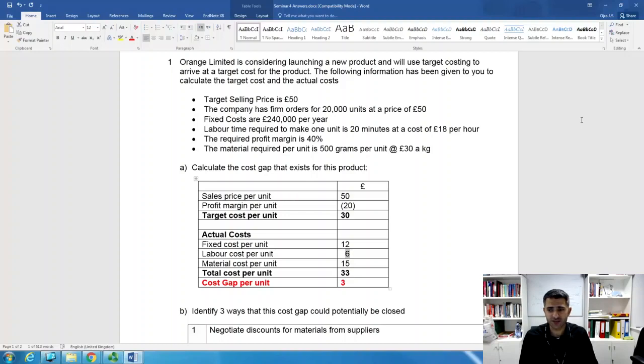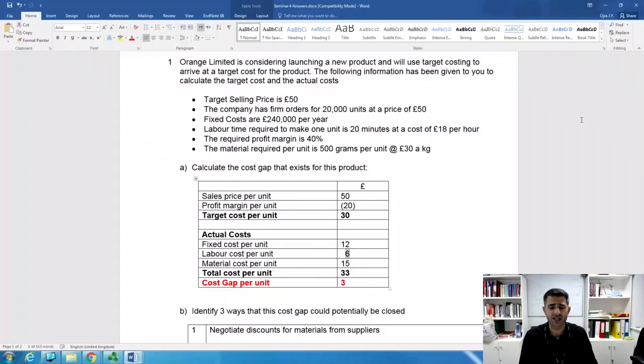What's left is the material. For the material, we require 500 grams per unit, and the cost of material is £30 a kilogram. How many grams are in 1 kilogram? 1000 grams, isn't it?